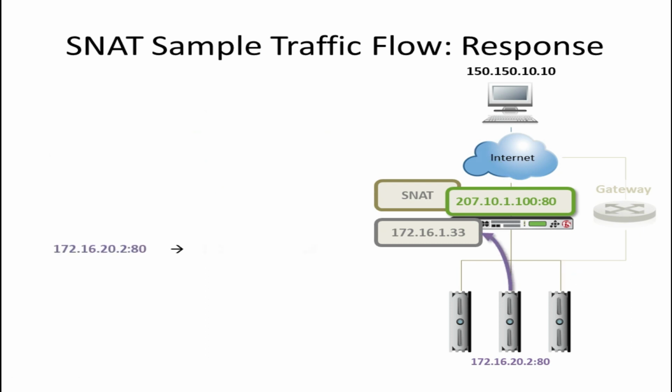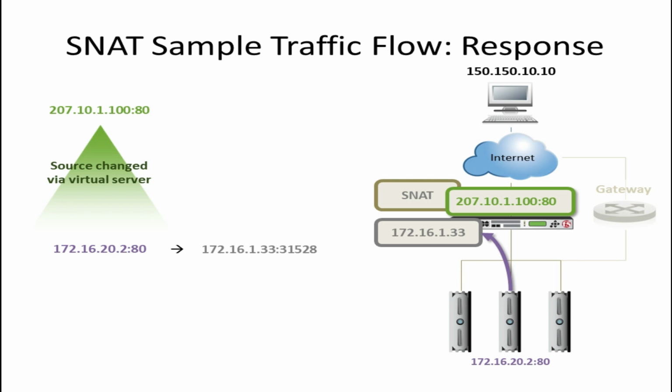Now what would the response be? Your server would send the response to your self IP. You can see that the server is sending to that, and your BIG-IP will change that result to the virtual server. Let me complete this packet flow.